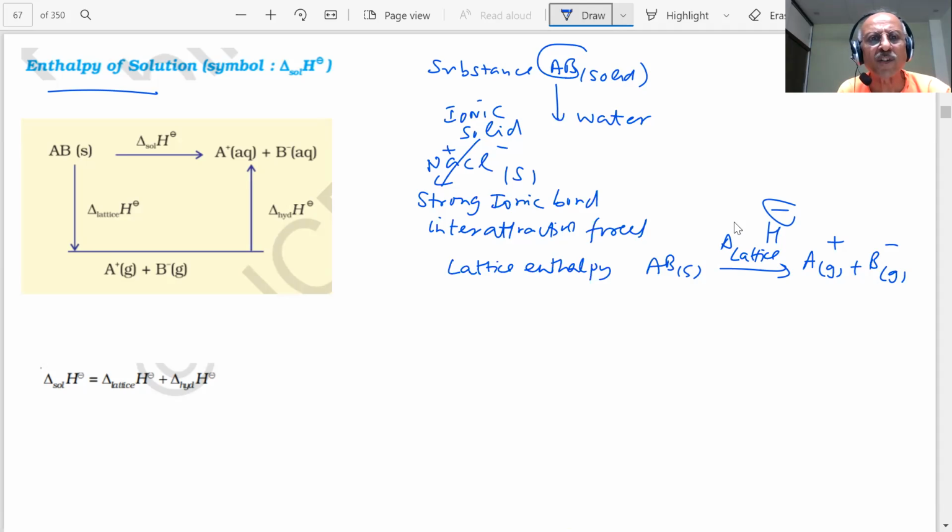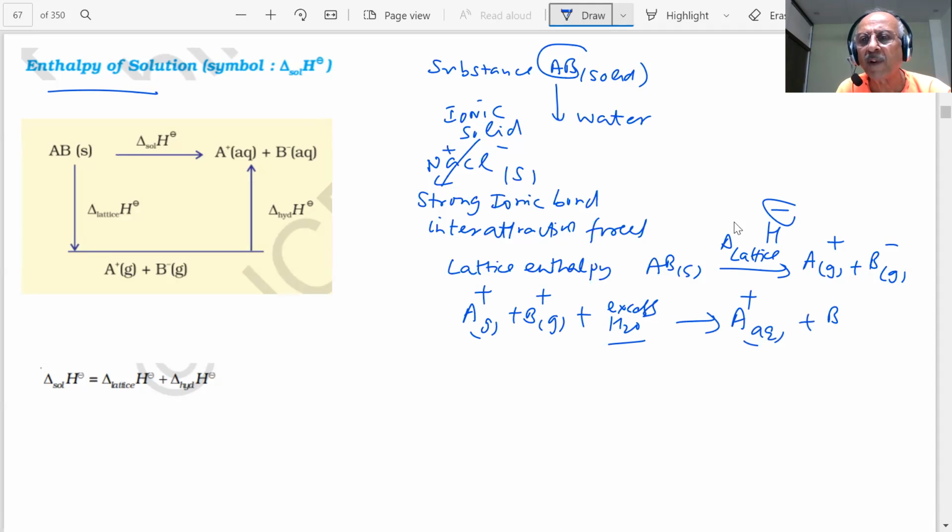After this, once it goes in the solution, what will happen? A plus gas, B minus gas, it will go in water, H2O. This will get hydrated, and what do they form? A plus aqueous and B minus aqueous. This is called hydration. And when this happens, there will be release of energy.